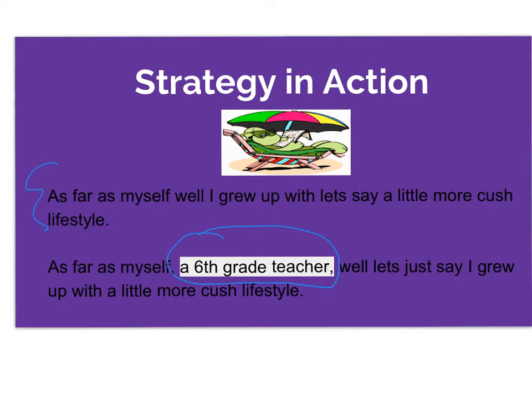I've got to find a good place to interrupt my sentence. So typically I'm going to do it right after I've just described, right after I've said my name, but in this case I used the word myself. I didn't use my word Mrs. Ward. So I said, as far as myself, comma, a 6th grade teacher, I'm introducing myself as a 6th grade teacher, comma, because that's supposed to be a pause when I read that.